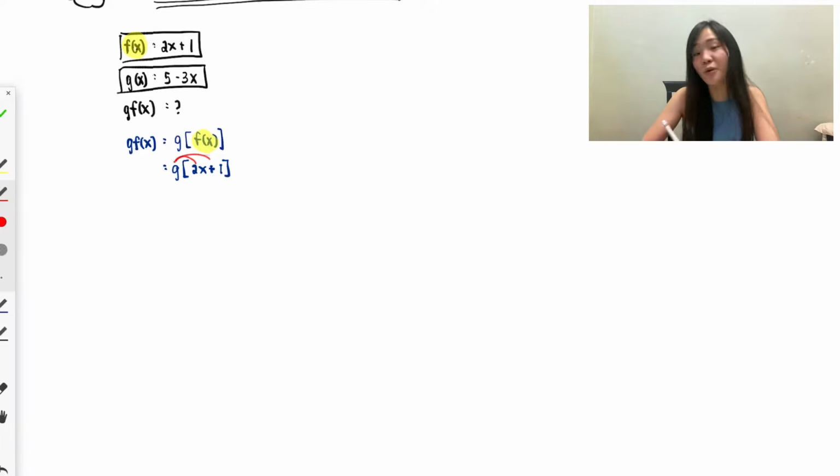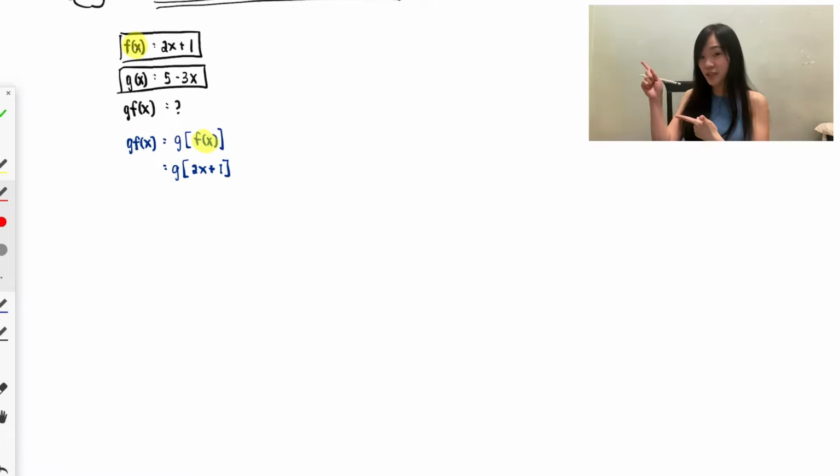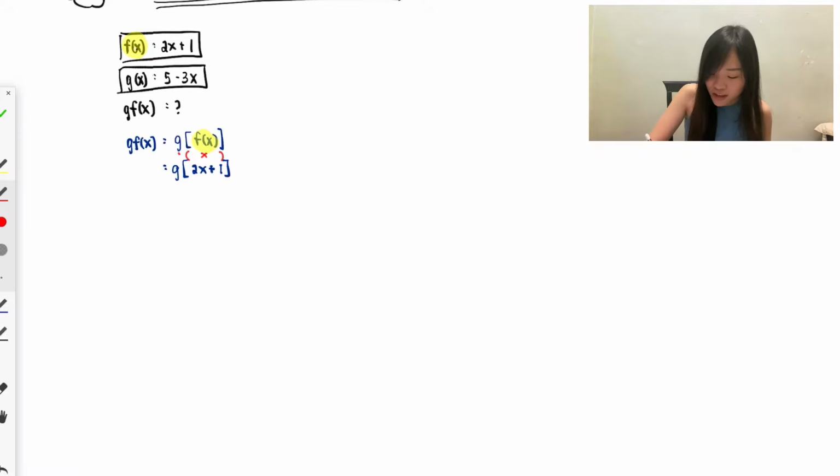Please don't tell me you want to expand it. Function is not for you to expand because they are not a times relation. If you cannot times, then how do you do it? Based on my previous video, my inside part always represents the alphabet x. So isn't it outside is g?